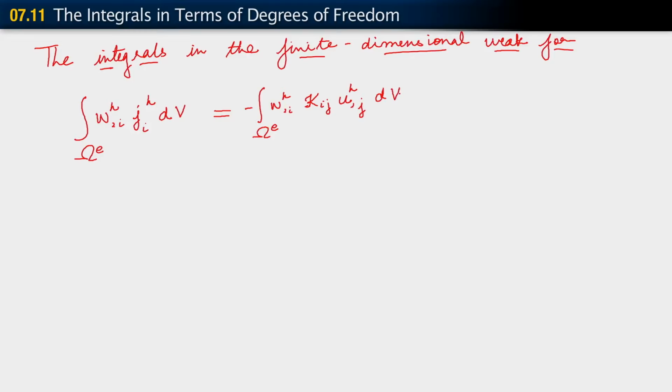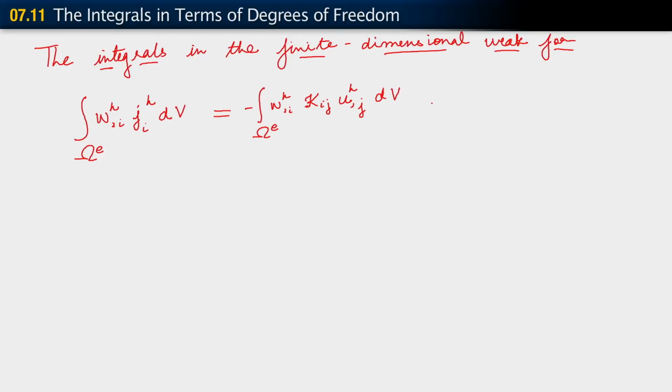Okay, that minus sign just came from the fact that the flux is written as minus the conductivity tensor multiplying the gradient of the field of interest, right, or the gradient of our trial solution field. Okay, we'll take care of that minus sign later on.